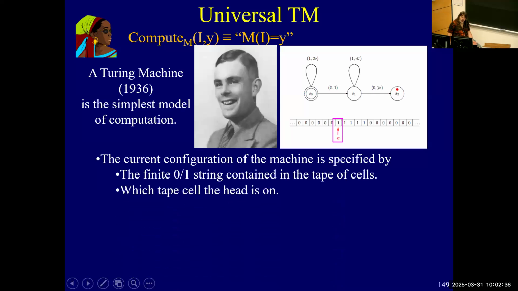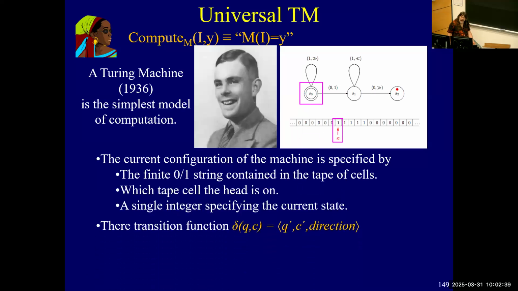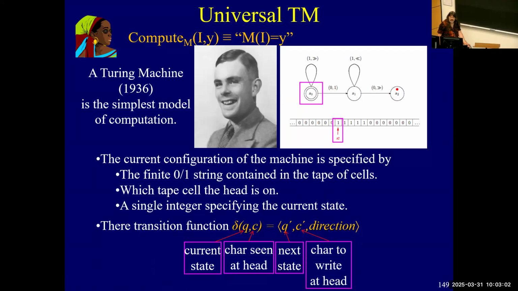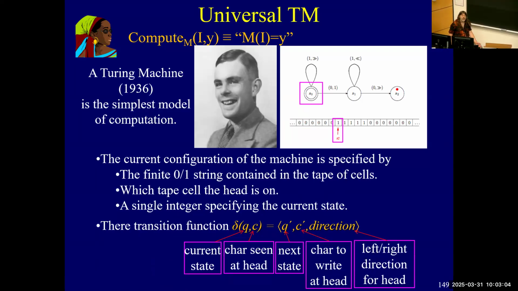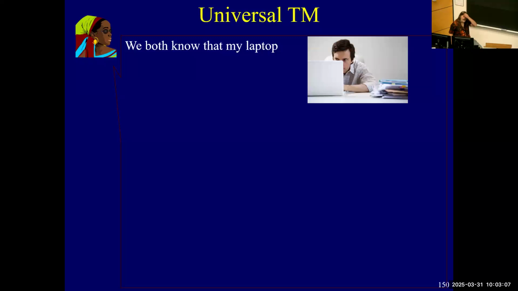Then, if you're in a given state and the head is looking at a given character, it changes state, it writes some character on the tape, and it changes direction and moves the head, right? That's all it does. So there's the current state, the character seen, the next state, what to write on the tape, and the direction to move the head. All right, so that's what a Turing machine is.